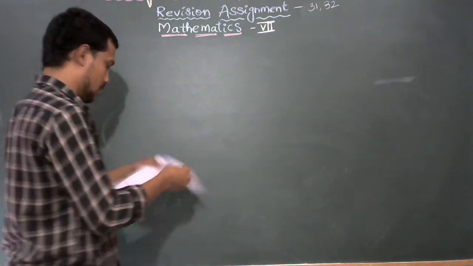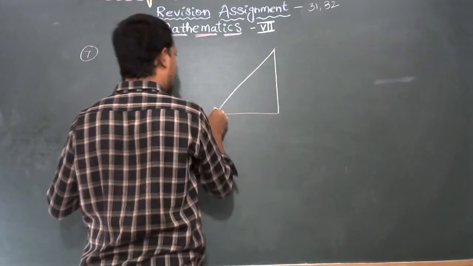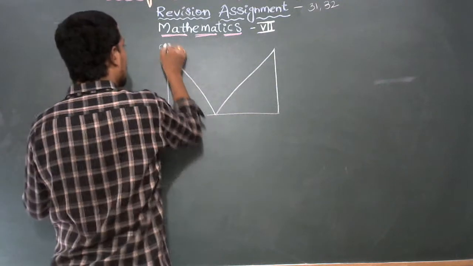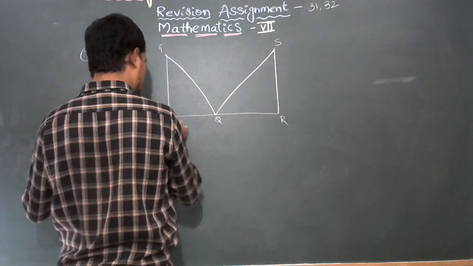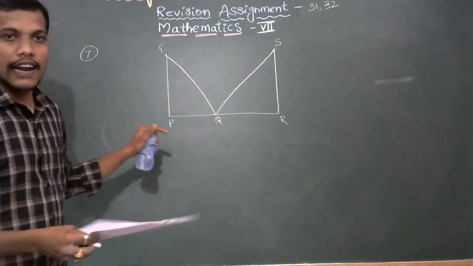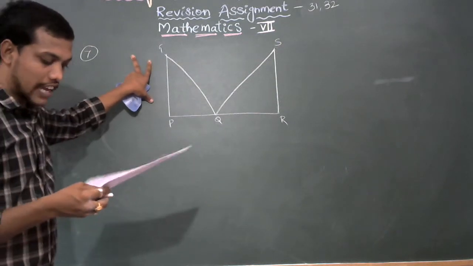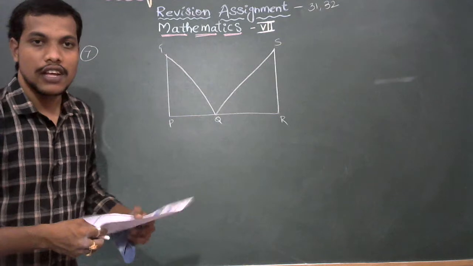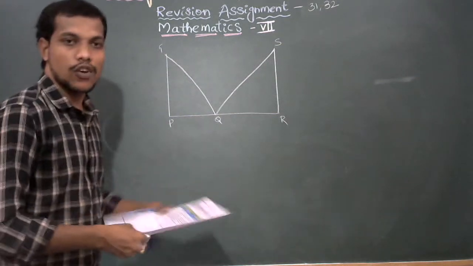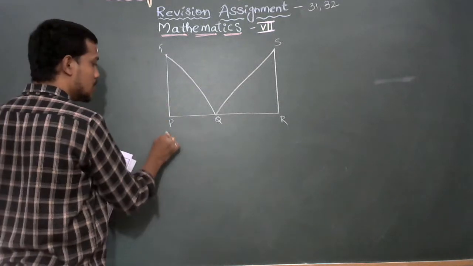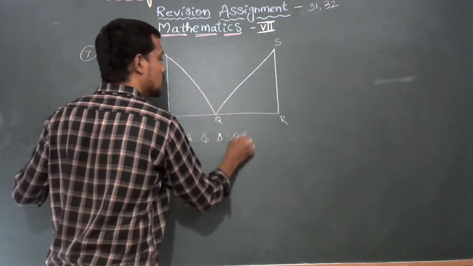Seventh one. This is the diagram of the seventh question. For the following congruent triangles, find the pairs of corresponding angles. Here how many triangles? Two triangles, triangle TPQ and triangle SQR.